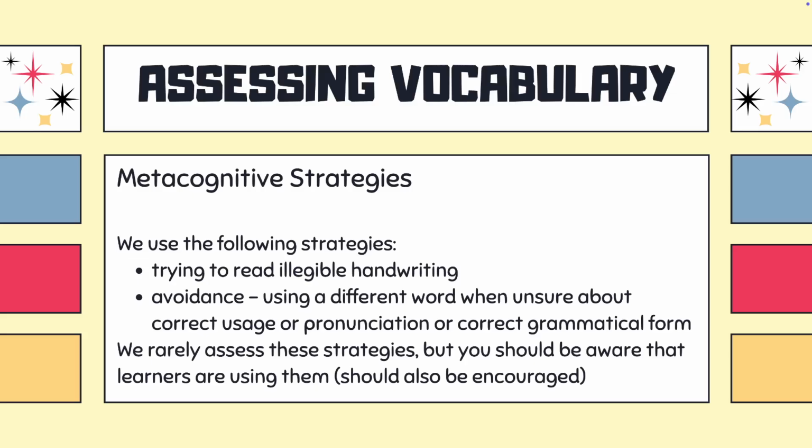We try to read illegible handwriting. We have avoidance strategies where we use a different word when we're unsure about the correct usage or pronunciation or grammatical form. These things happen all the time. Now, we rarely assess these strategies, but you should be aware that learners are using them, and you should encourage them to use good strategies when they're learning and trying to understand vocabulary.